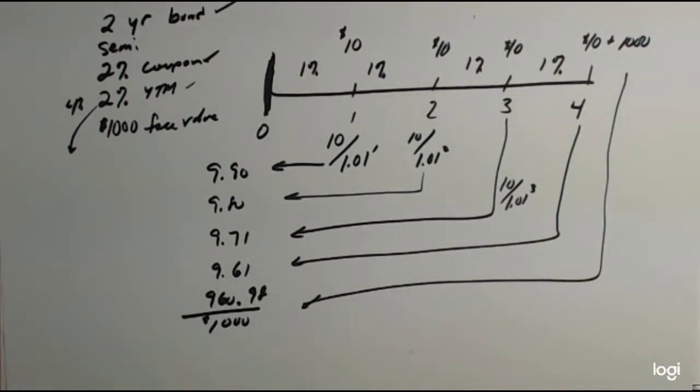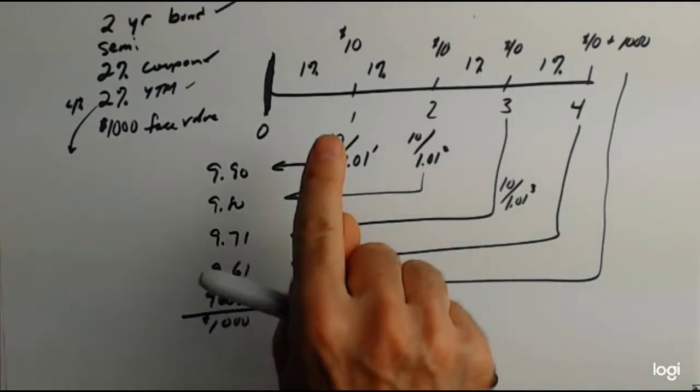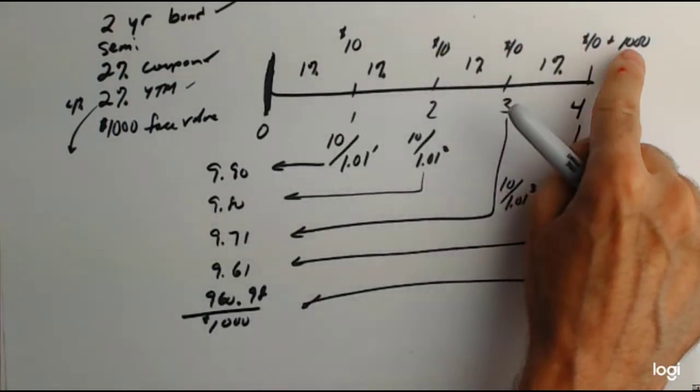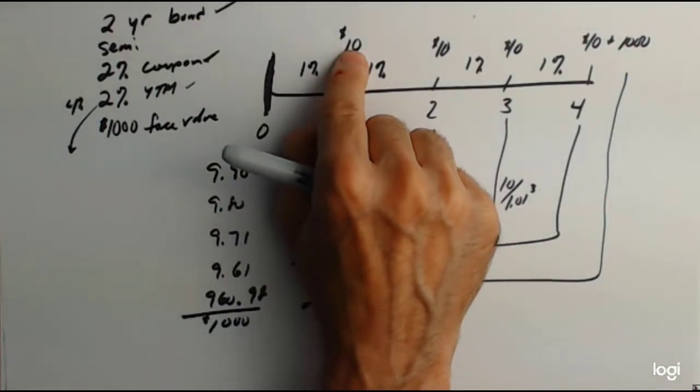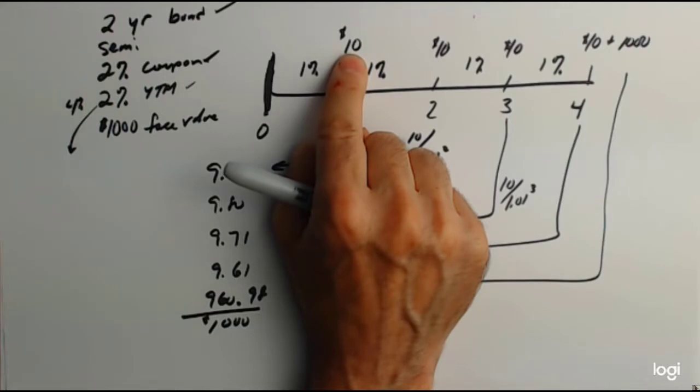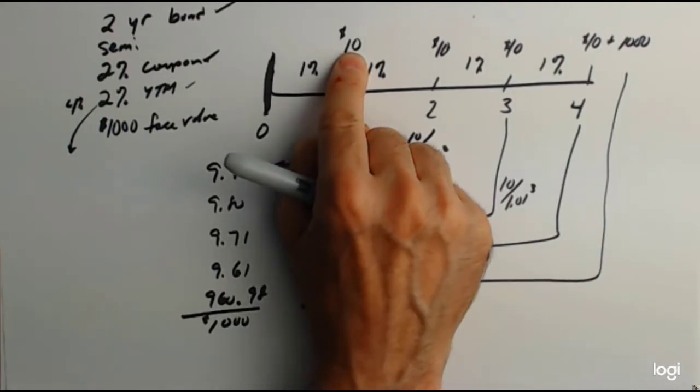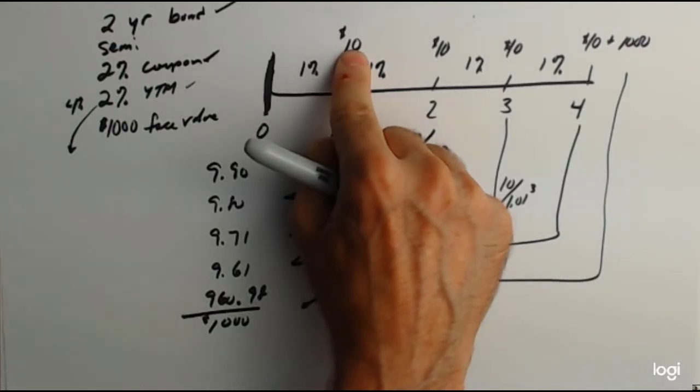So there you have it. In one little example, what I managed to do is show you how to value a semi-annual bond, and that a semi-annual bond is composed of a package or portfolio of zeros. So what if you were to buy just a single cash flow that generated $10 in one 6-month period?